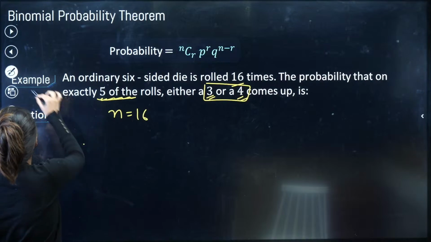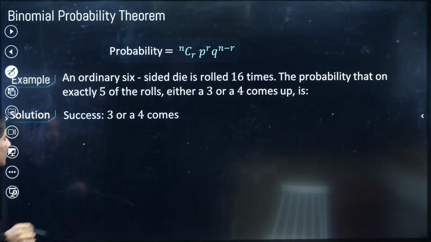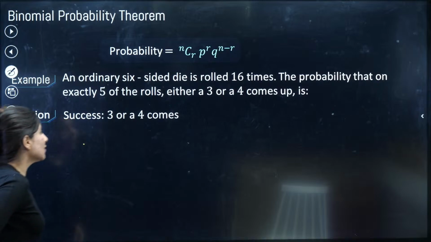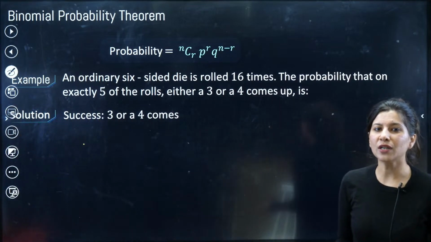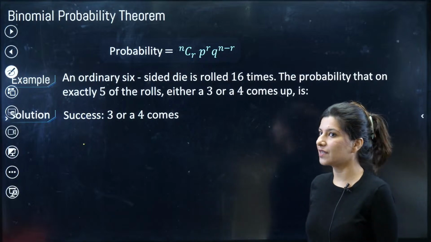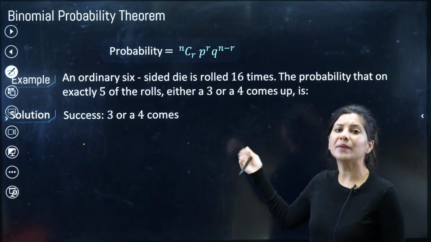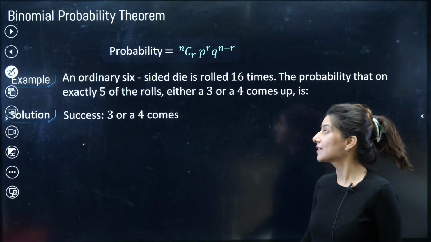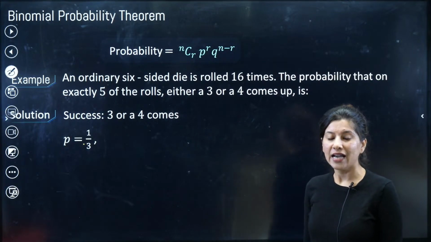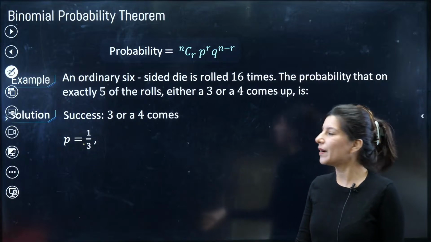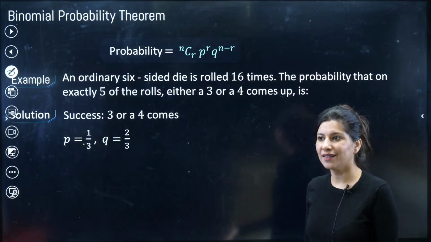So what is the probability of failure and what is the probability of success? Success means either 3 or 4 comes, and failure means 1, 2, 5, 6 comes. So success probability is 2 by 6, that is 1 by 3. And failure probability is 2 by 3, because P plus Q is 1.